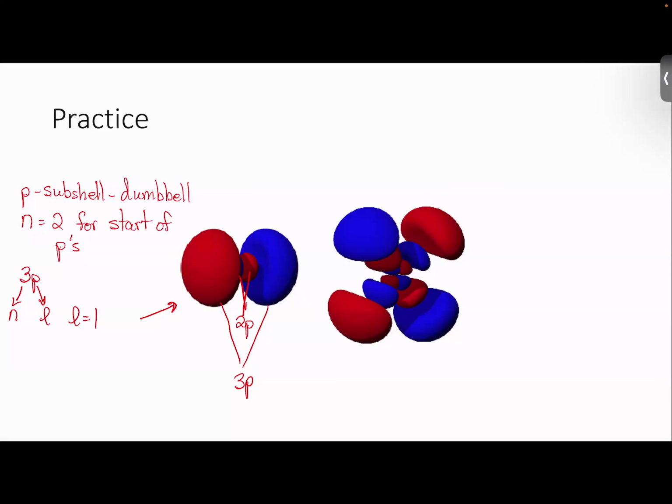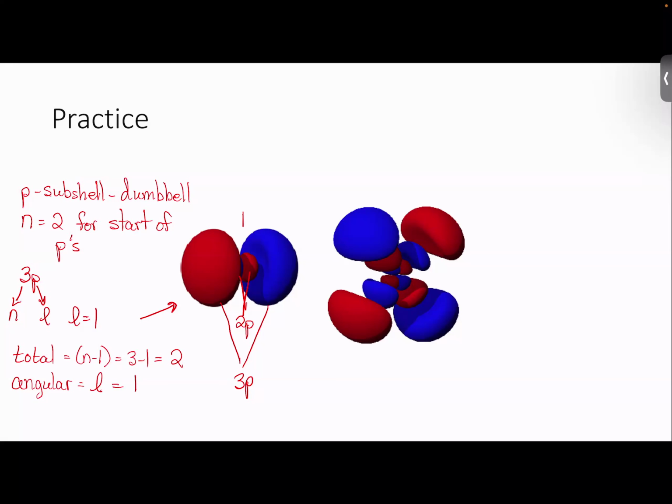Now, your total nodes is equal to n minus 1, so it is 3 minus 1, or in other words, we have 2 nodes. Your angular nodes are equal to L. Well, L is equal to 1, and therefore there is one angular node.